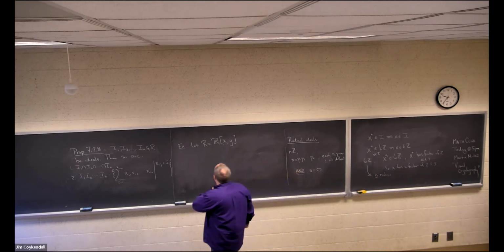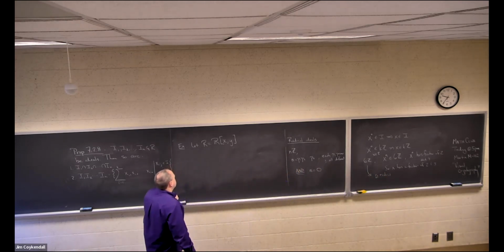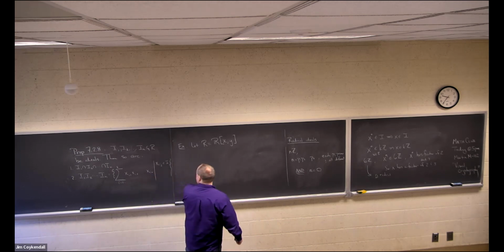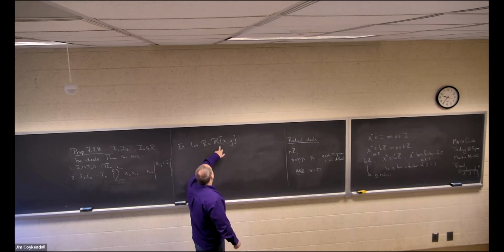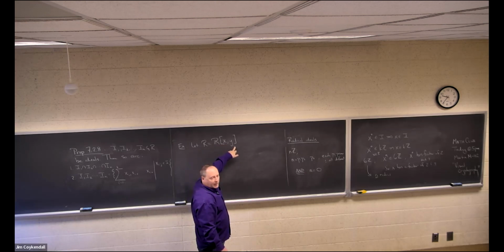So let R be, so here's what this notation means. This is polynomials in two variables over the real numbers.